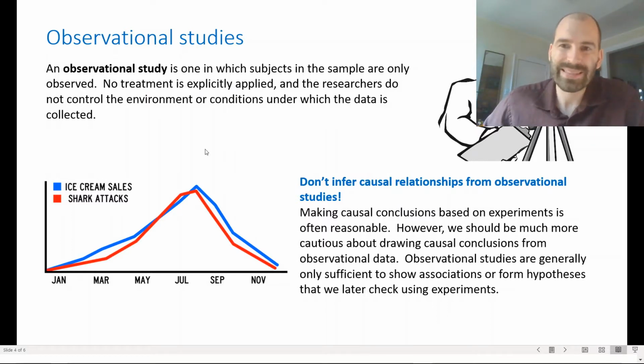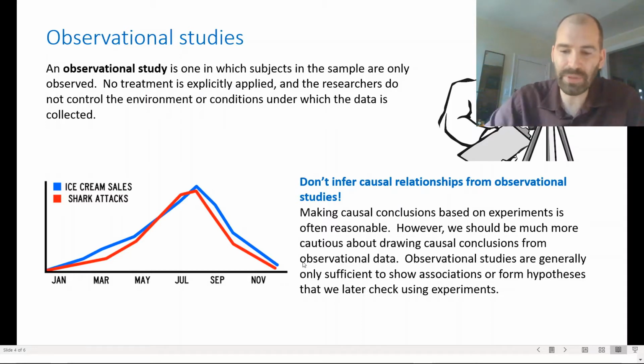So it's really the warm weather that's driving the relationship here between both of these variables, and it's making it look like there might be a cause and effect relationship when in fact there is not. So the warmth of the weather is the confounding or lurking variable here.